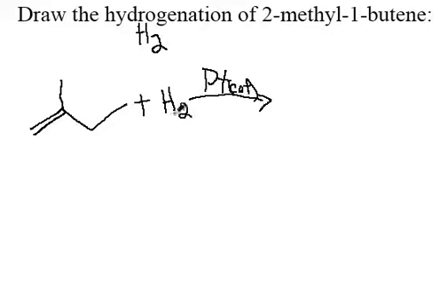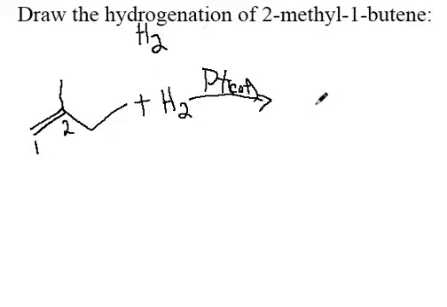When we are adding something to an alkene, we're adding hydrogen across the double bond. So at each carbon of the double bond, I'll number this carbon 1 and carbon 2, at each carbon of the double bond, 1 hydrogen atom goes. We use both of the atoms of the hydrogen molecule.